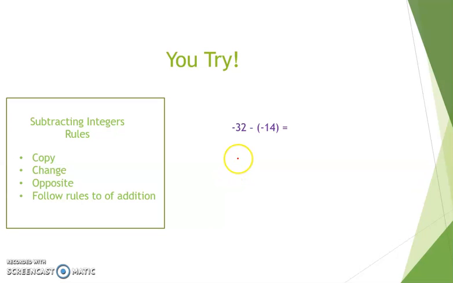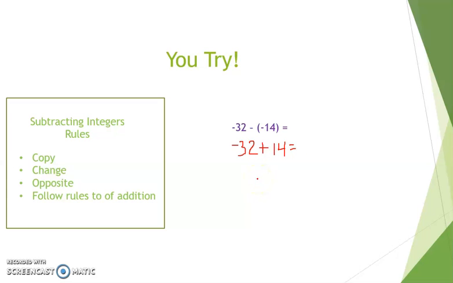All right, according to our rules, we're going to copy the first number, which is a negative 32. We're going to change that subtraction sign to an addition sign. And then we're going to flip negative 14 to its opposite, which is a positive 14. And then we are going to follow the rules of addition.